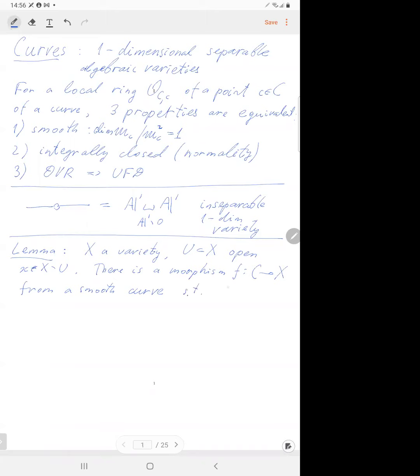So the preimage of U is open dense. Well, it's enough to say that it's non-empty.